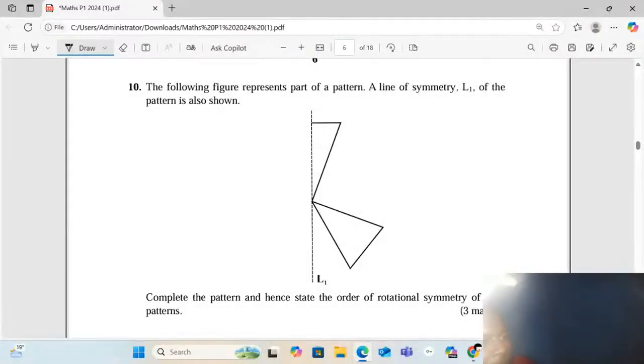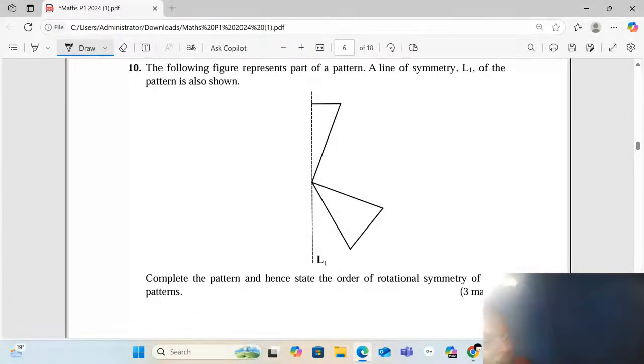A line of symmetry, L1, of the pattern is also shown. Now this dotted line is a line of symmetry. Complete the pattern and hence find the order of rotational symmetry for the pattern.